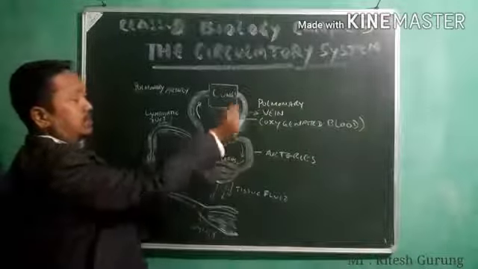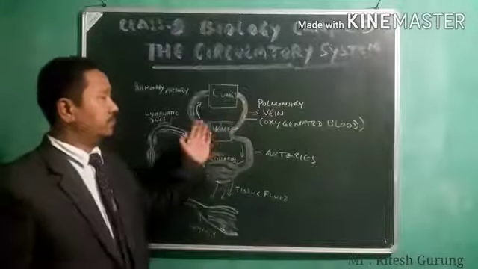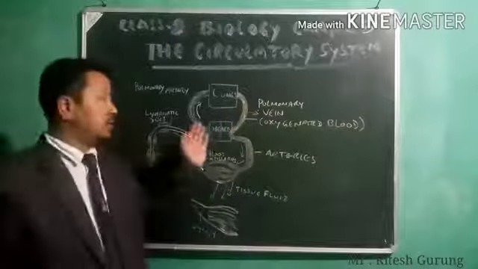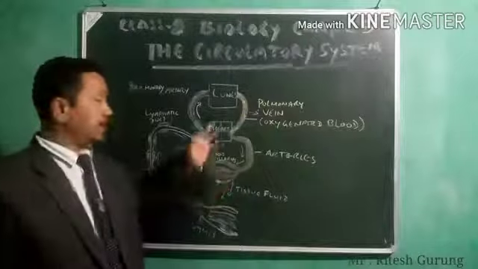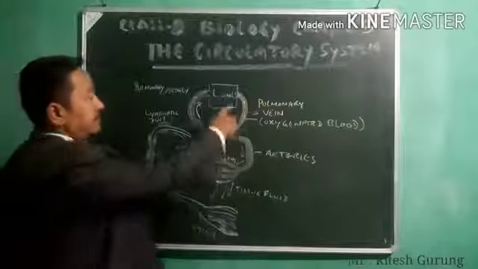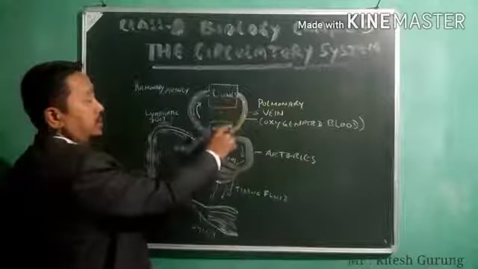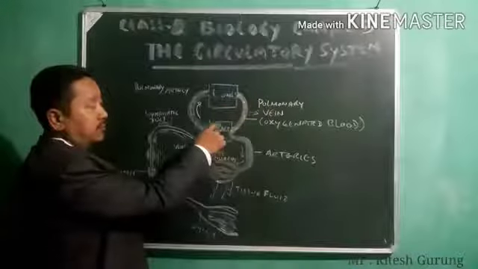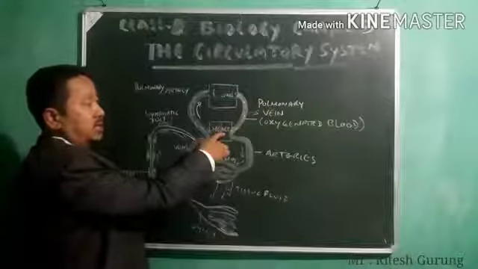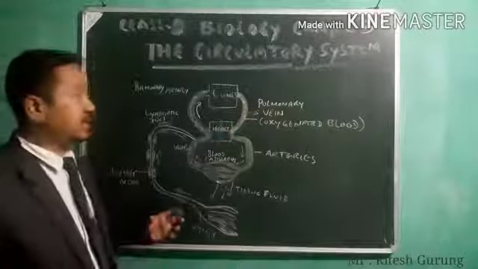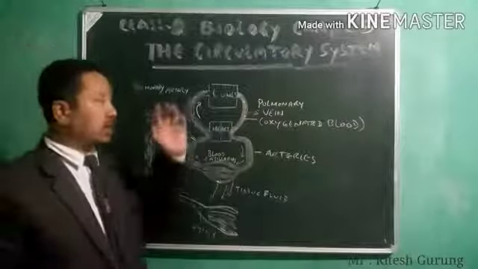Then from here the veins and arteries are coming out. So let us see here. Suppose the blood which is regulated from the heart first receives the pure blood, oxygenated blood.